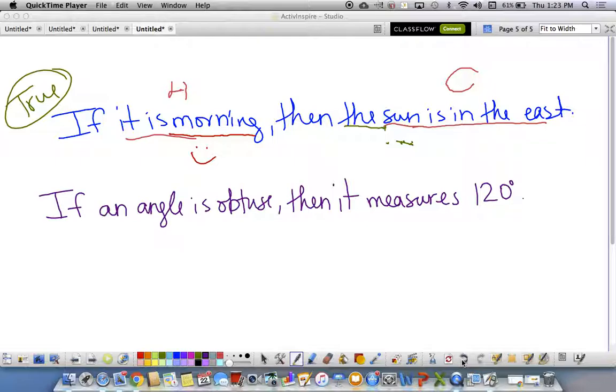All right, Sadie, come underline the hypothesis. I'll let you pick your own color. Riley, come and underline the conclusion. You can pick your own color.